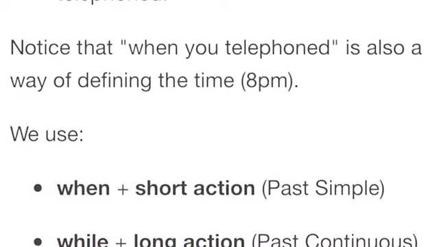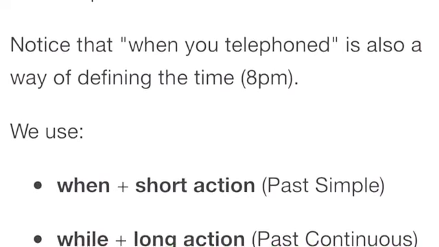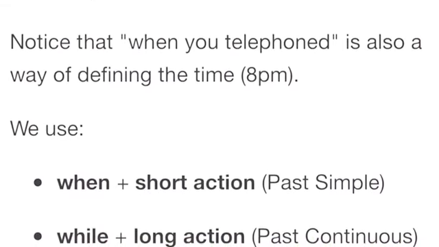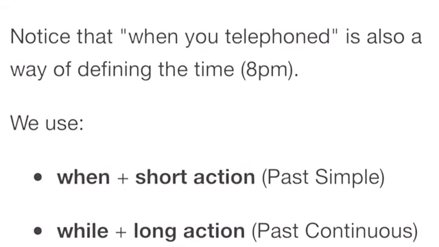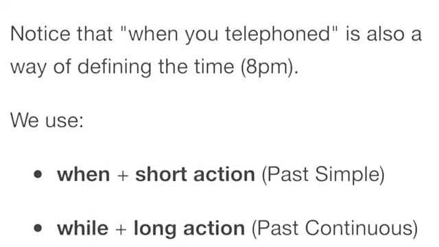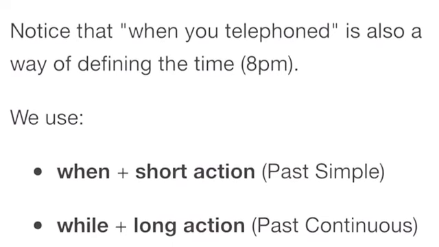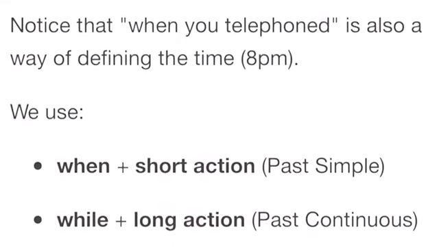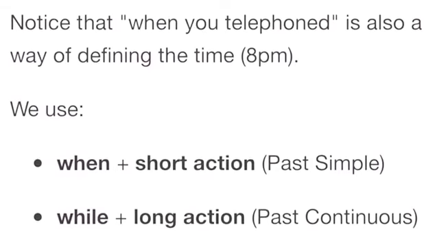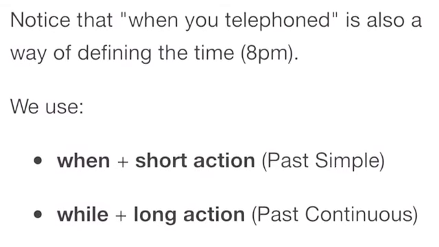In between, someone called me at 8 p.m. So even 8 p.m. is defined properly here, but we are using simple past tense. Got it? So remember this particular formula from next time and then work out accordingly.